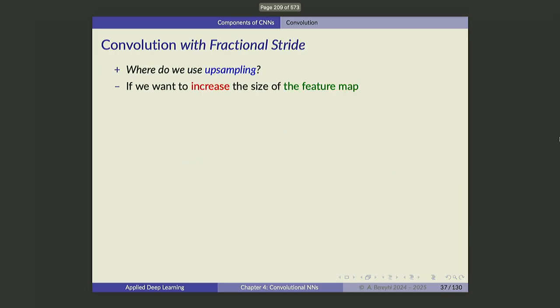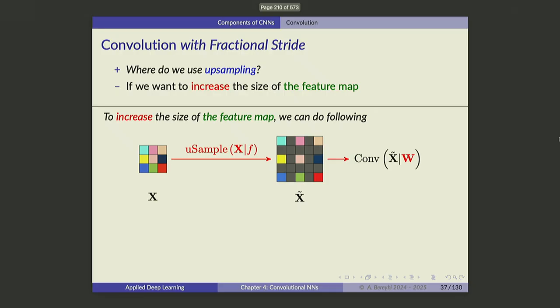So this is the idea of convolution with fractional stride. Basically, what you do in convolution with fractional stride is you get your original image, you do the upsampling by some factor, and then you do a convolution with stride 1 on that. This is what we call a stride by a factor of 1 over exactly the upsampling factor.